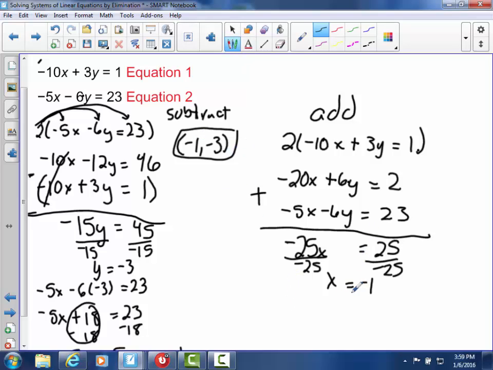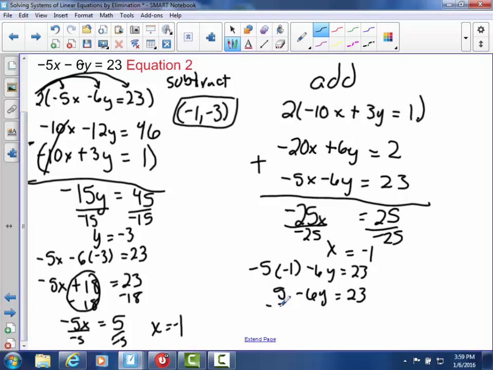Okay, so we need to substitute the negative 1 in for x, and we can pick either equation. I'm going to pick the second one, so we have negative 5 times negative 1 minus 6y equals 23. So that's positive 5 minus 6y equals 23.